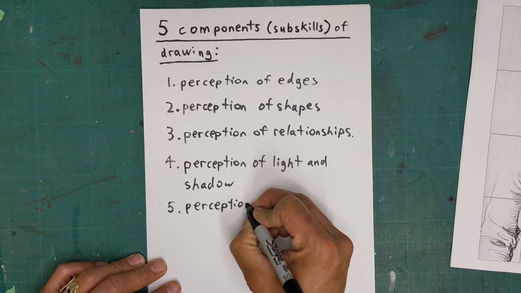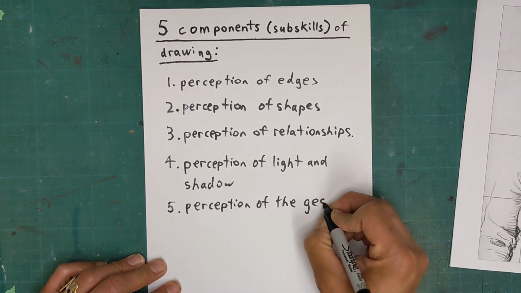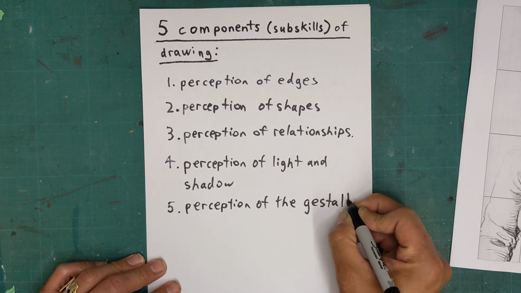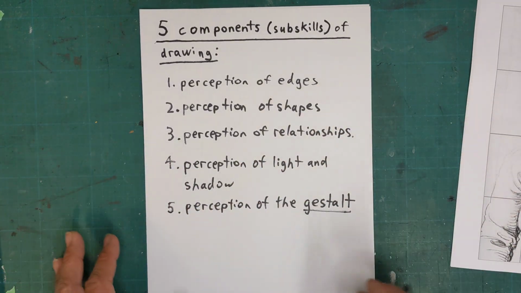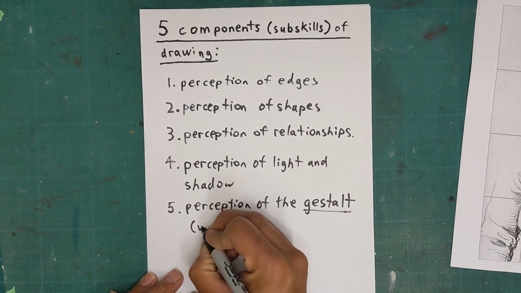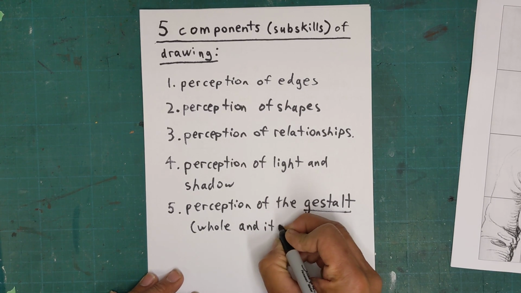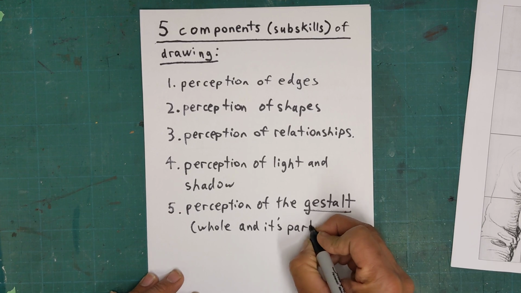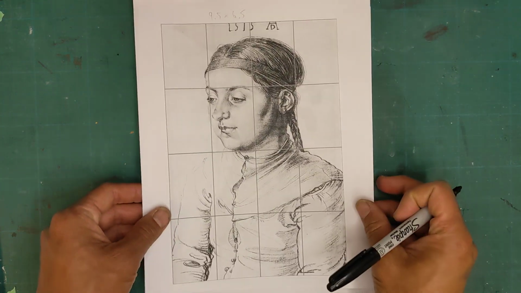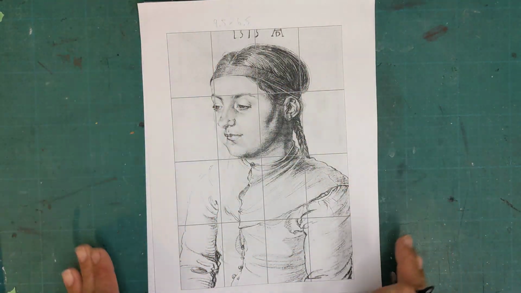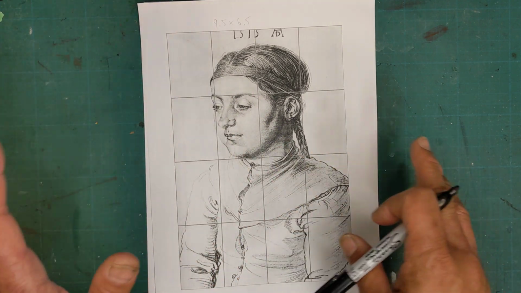Perception of the Gestalt. It's a fancy word for perception of the whole. Okay, so the Gestalt is being able to study all of those things that we just covered simultaneously, just being aware of them.